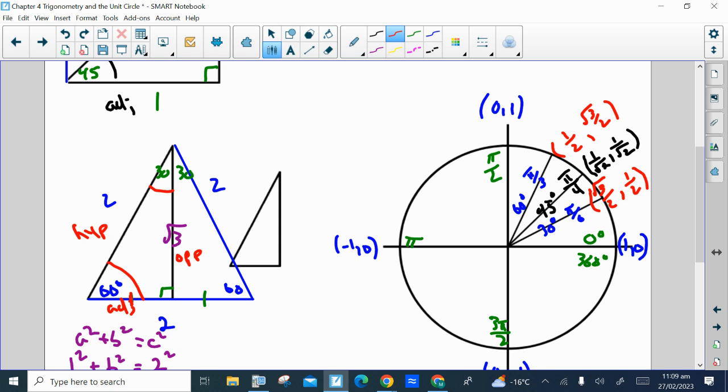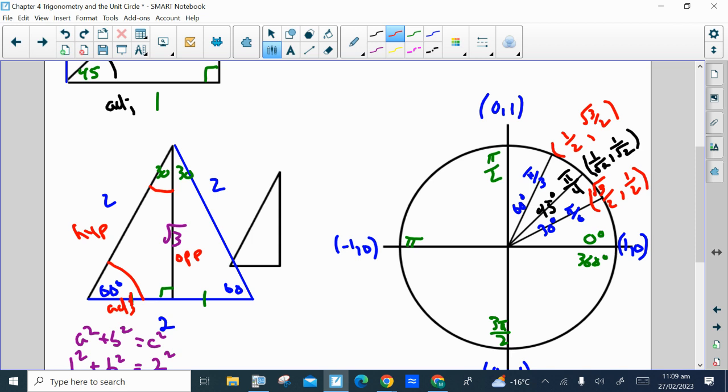So you can use the unit circle to find the sine and cosine of every angle between 0 and 90 degrees where we stop on the unit circle. And those are multiples of 45 degrees, multiples of 60 degrees, or 30 degrees, multiples of pi on 2 radians, or pi on 4, or pi on 6, or pi on 3.